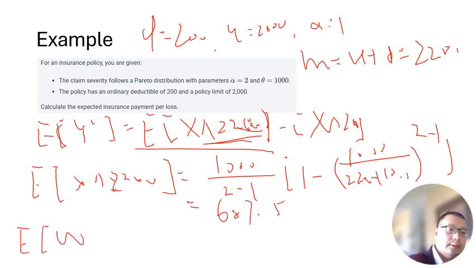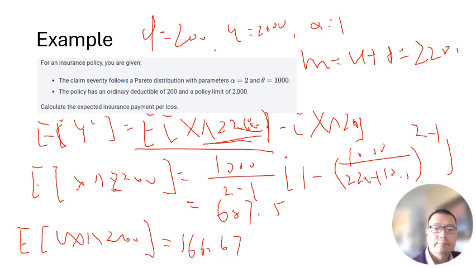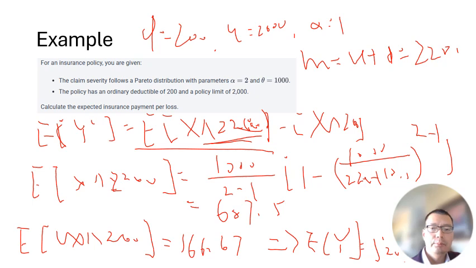Similarly, E[X capped at 200] would be 160.67. Therefore, you can get E[Y] is 520.83. The main thing here is you recognize M is equal to U plus D. This is the most important step for this question.